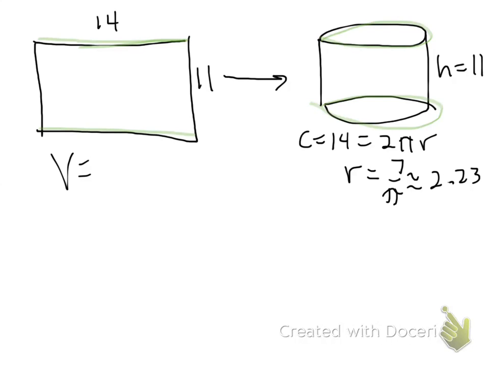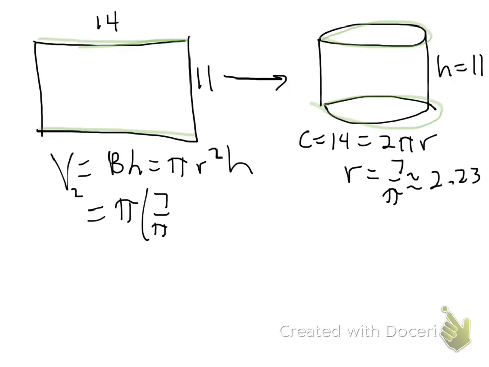The volume, in this case of this, we'll call it the second cylinder situation, is base times height, which is pi r squared h. So we're going to get pi times 7 over pi, squared, times 11.